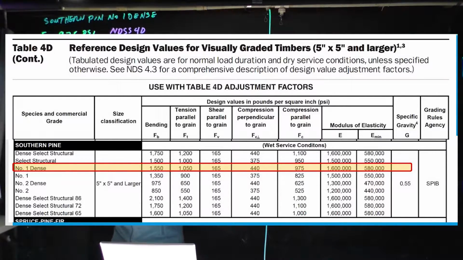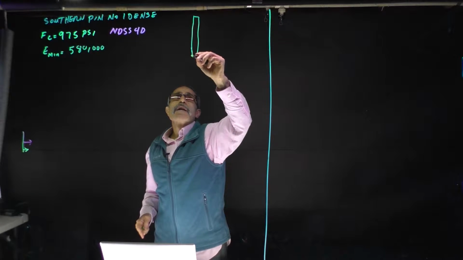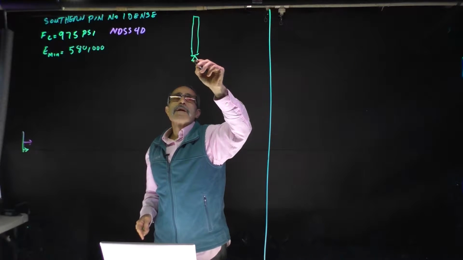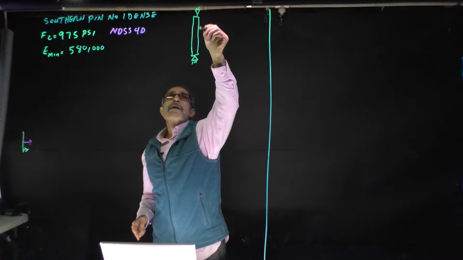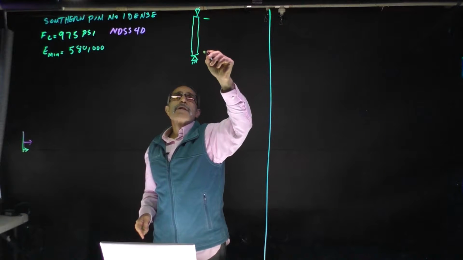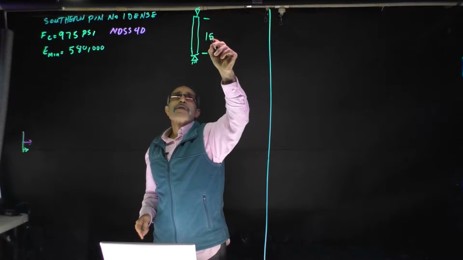From the same table, E minimum, the modulus of elasticity in the X direction, is 580,000 psi, and this is for a round column. So we're going to have a column here, pinned on both ends, with a length of 15 feet.